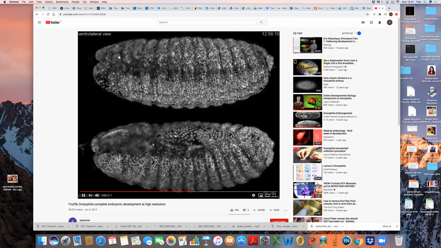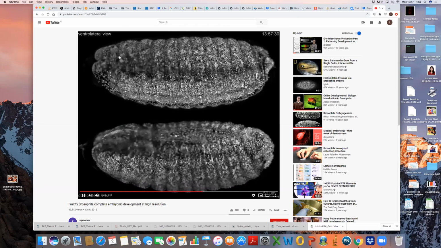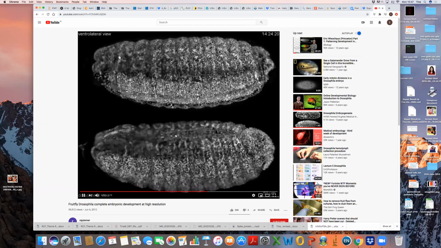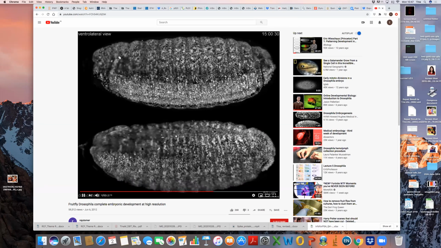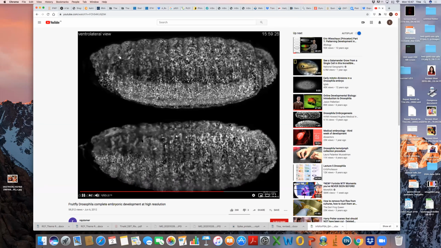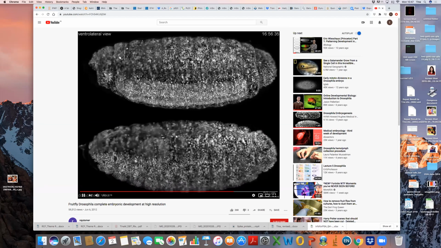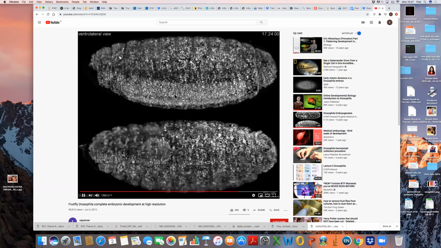And you can see that there is a fine line. I'll show you a dorsal closure movie as well. And this is called dorsal closure. Following this, the embryo has been completely patterned. Here is the ventral nerve cord.